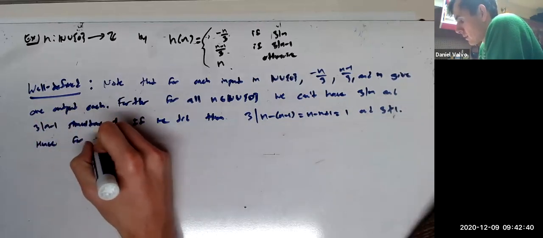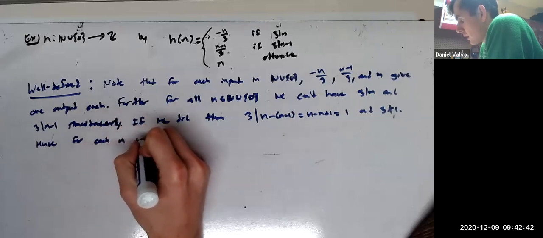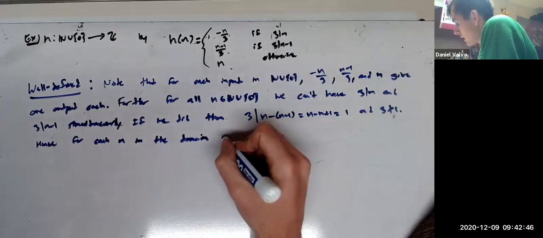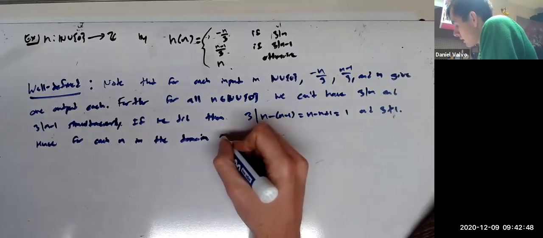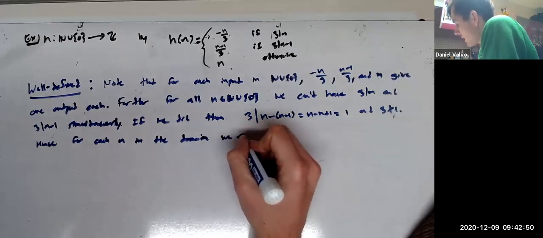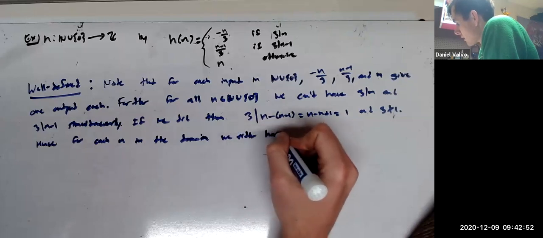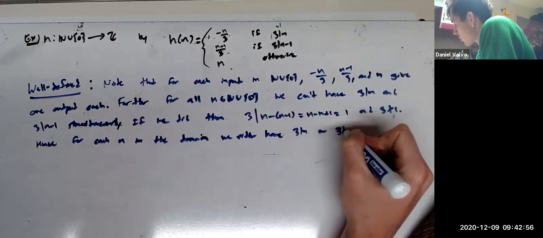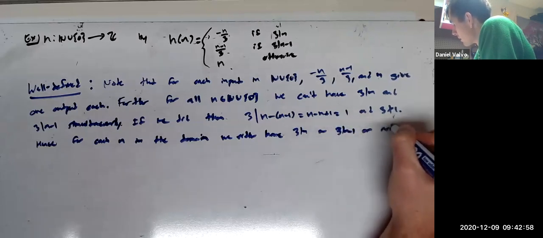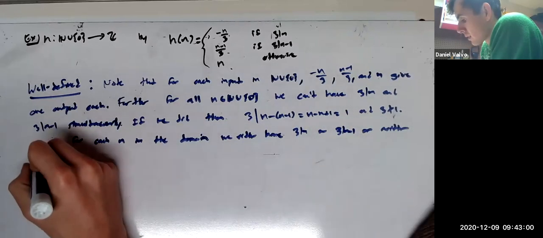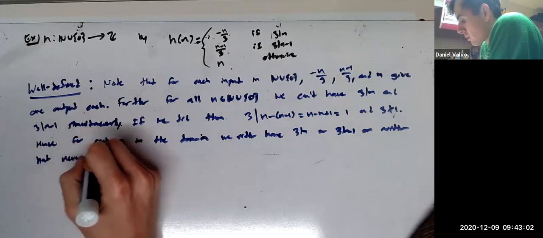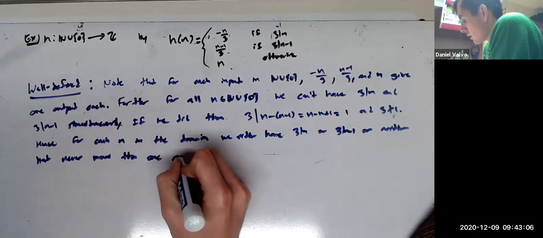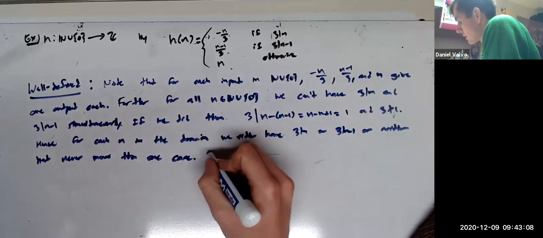Hence, for each n in the domain, we either have 3 divides n or 3 divides n minus 1, or neither, but never more than one case.